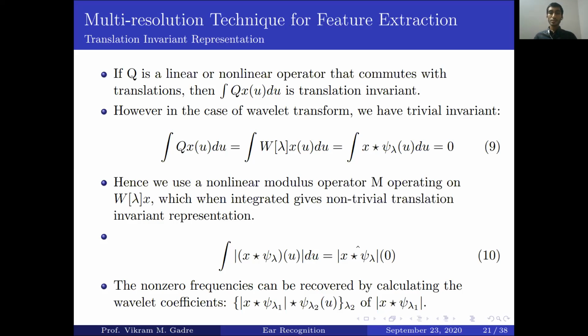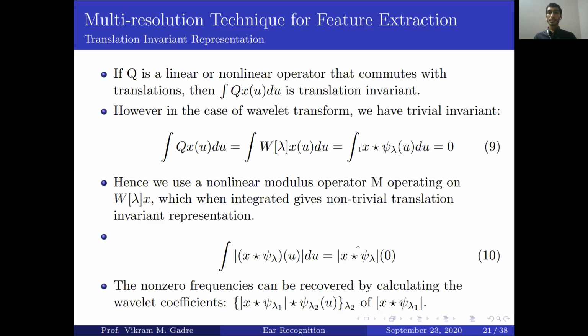Professor Gadre has mentioned that the wavelet transform is a bandpass filter. We can see from equation 9 that when we integrate x convolved with phi lambda, we get 0. So this is trivially invariant, and we want to avoid this. Why is this 0?